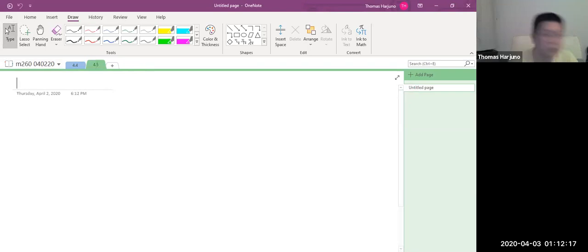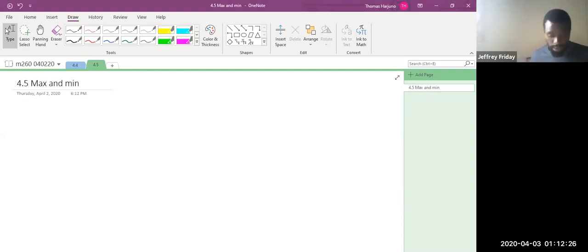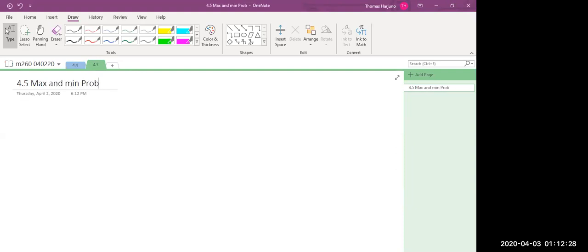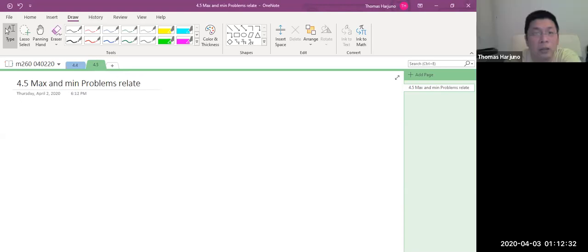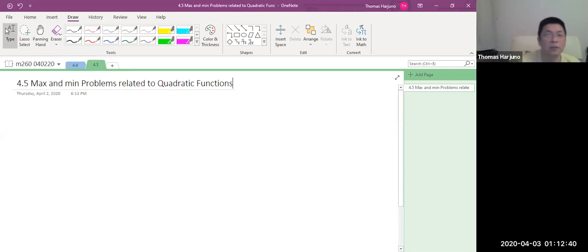That is the maximum minimum problem related to quadratic functions. The emphasis is on the relation to quadratic functions.